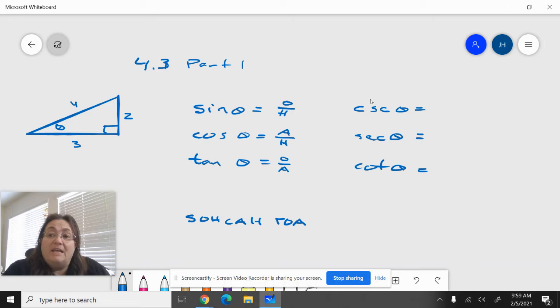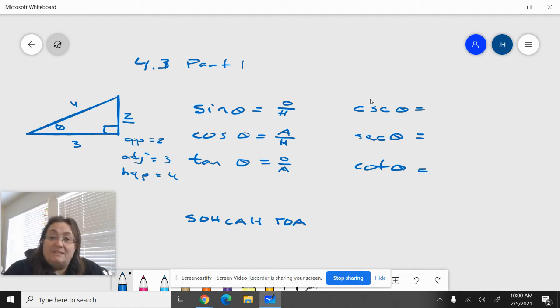What we're saying is that from theta, this right here would be our opposite. It is the side opposite the angle. So in this case, our opposite would equal 2. Our adjacent is the non-hypotenuse that is connected to that angle. So our adjacent in this case would be 3. And clearly our hypotenuse is the longest, and that is going to be 4.